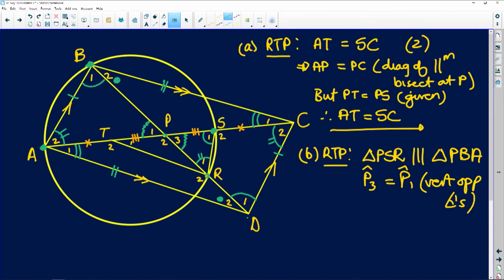So I did not even need P. I could have just said R1 equals A2, S1 equals B1, angles in same segment. But I've already started with P, so let's just join one of them. R1, now R is in PSR, so angle R1 is equal to angle A2 in the bigger one, and the reason, angles in the same segment.